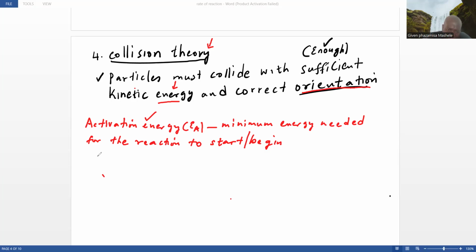So when we say we have sufficient kinetic energy, it's when the average kinetic energy is bigger or equal to the activation energy, the energy that is needed for the reaction to start. Then this is called sufficient energy or kinetic energy.